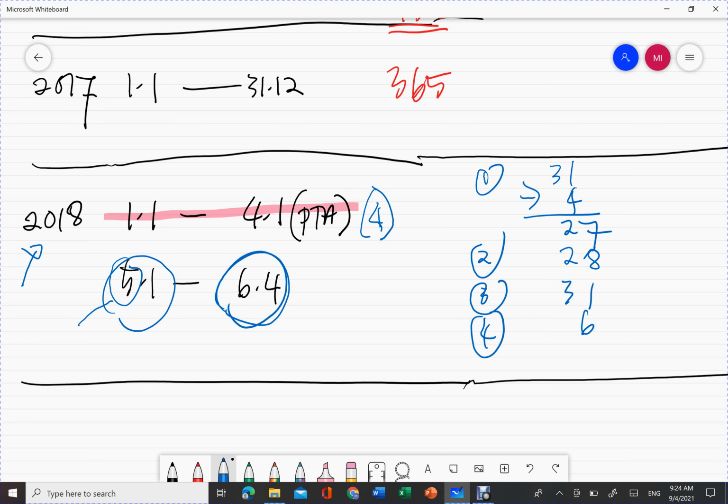So 6. Jadi kita campur ini semua. So dapat 92 days. Okay, you are going to get 92 days. Awak tulislah kat sini. Untuk tahun ni dia stay in Malaysia for 92 days. Okay, kita settle yang ni.